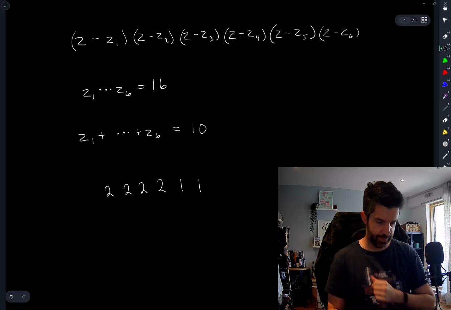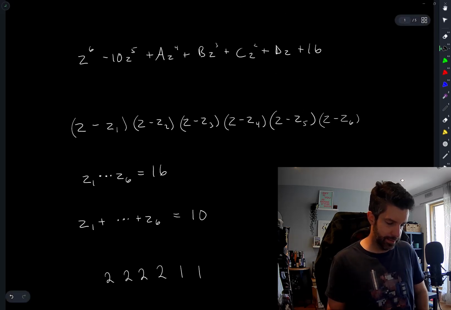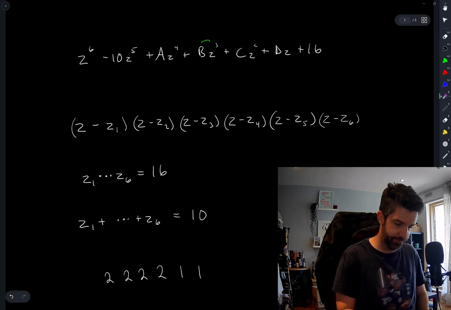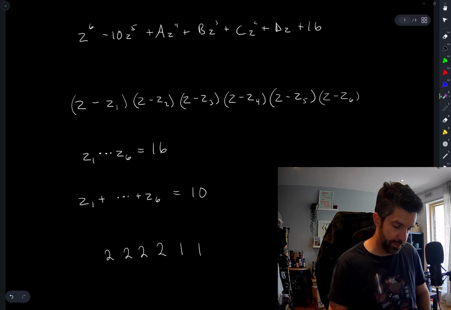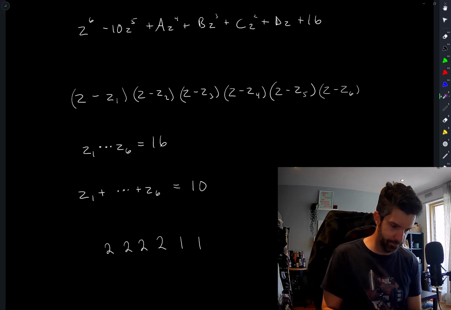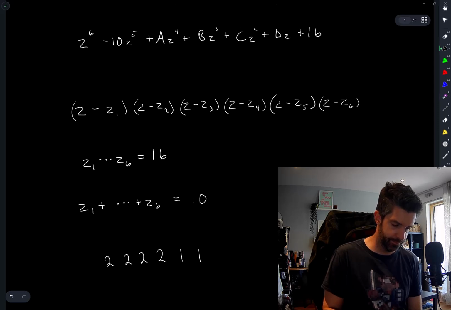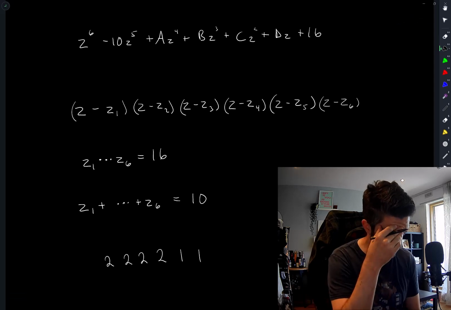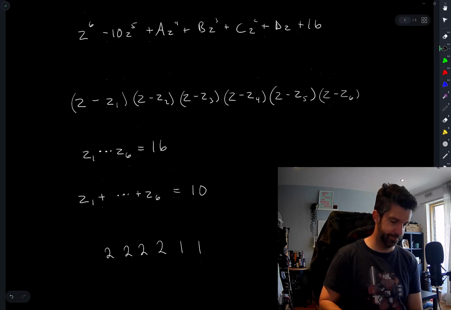So now how do I find the coefficient on z cubed? I don't really want to just multiply things out. z minus 2 to the 4, z minus 1 squared.